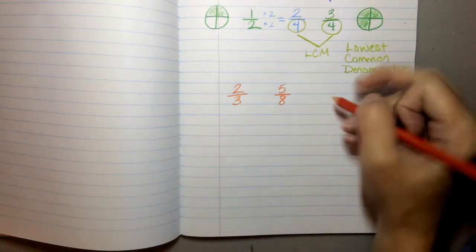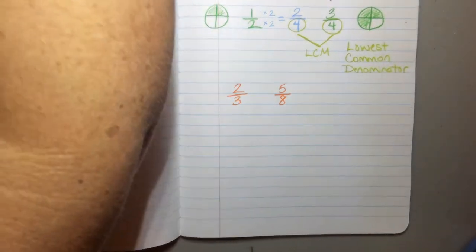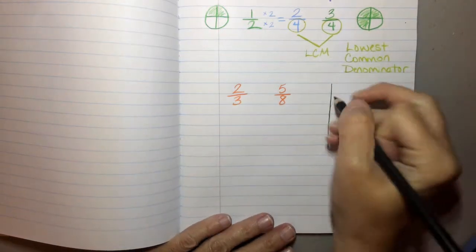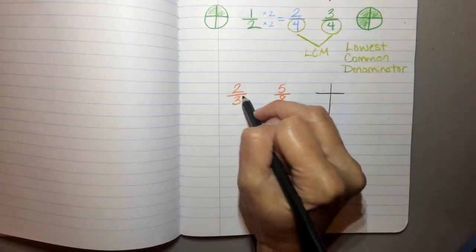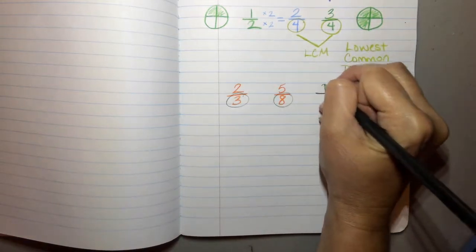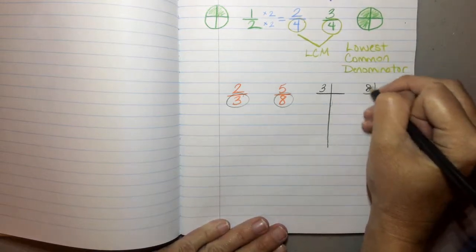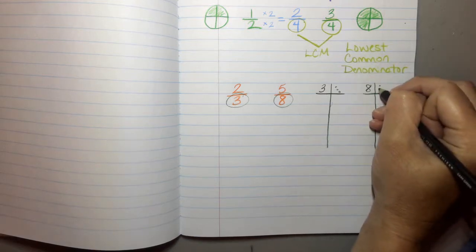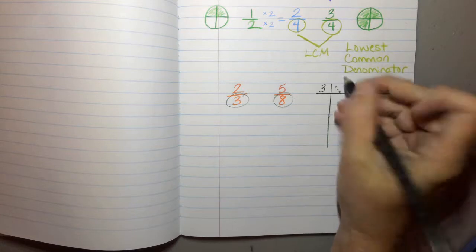And so what tends to help me when I'm trying to do this is to make basically t-charts, okay? And remember, we're looking at the denominators, so it's 3 and 8 that I'm dealing with, okay? And you can full on make the t-chart if you want to, or you can just list multiples, okay?